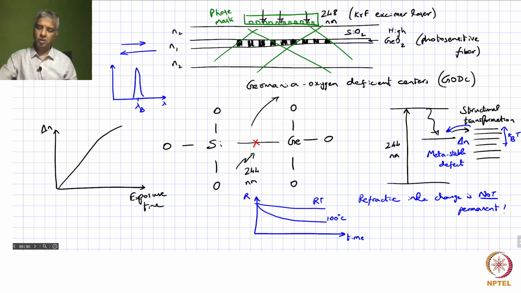And if you talk about really high temperature applications, you might have something like this. You might end up completely erasing the grating if you are using this, for example, at 500 degrees centigrade. Okay, the reflectivity will come down rapidly within a few hours, it might completely erase.